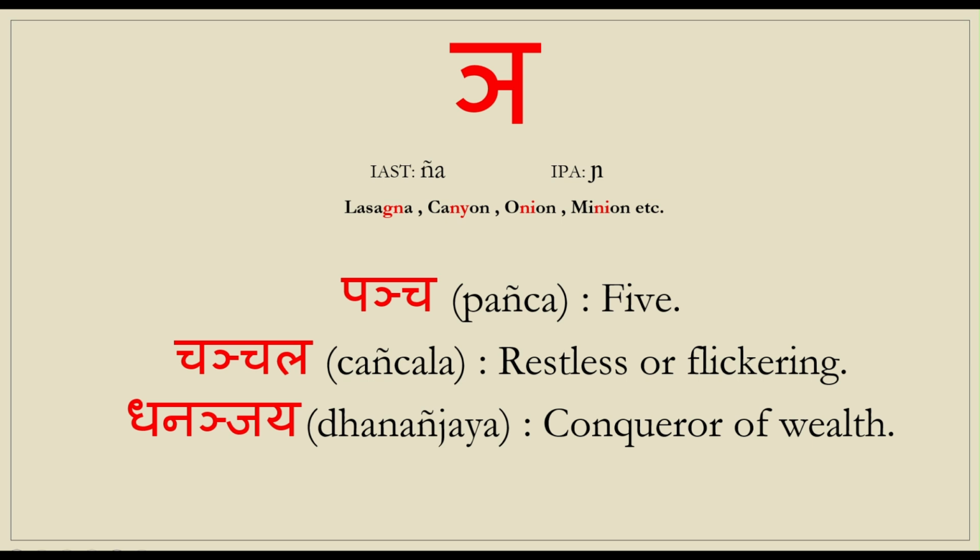Now let's move forward to the retroflex group, that is Tavarga or Murdhanya. The first retroflex consonant in Sanskrit is ta, represented in IAST by T having a dot underneath it.